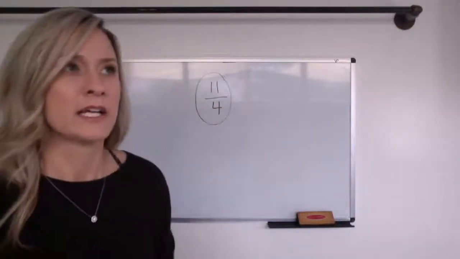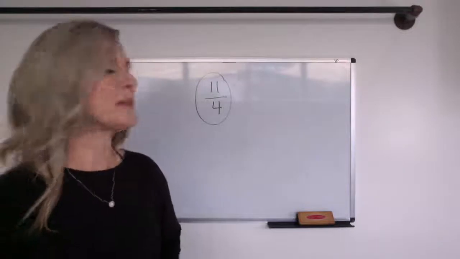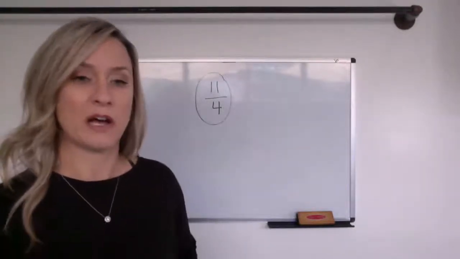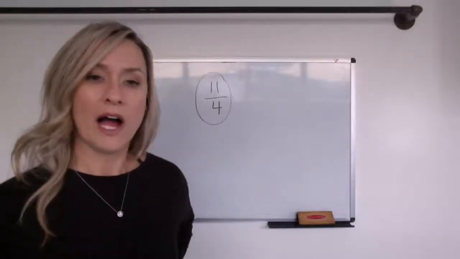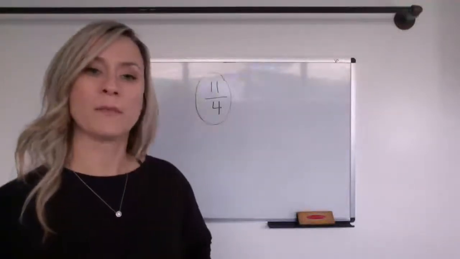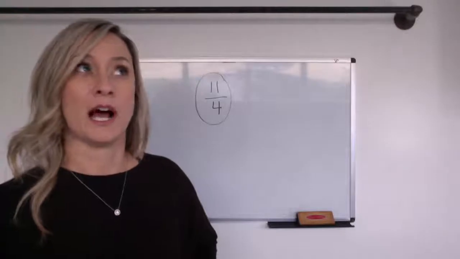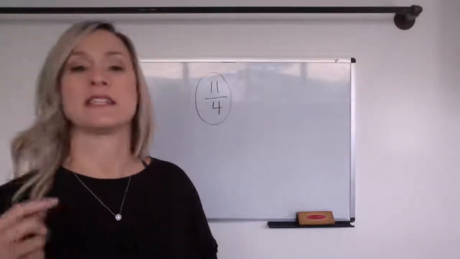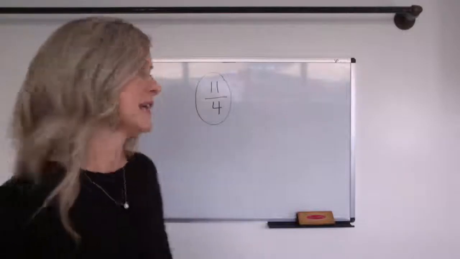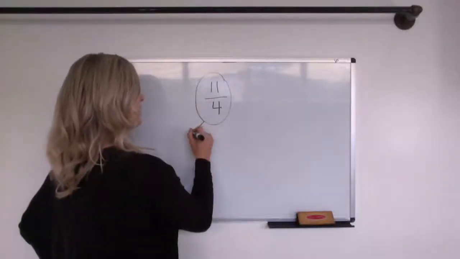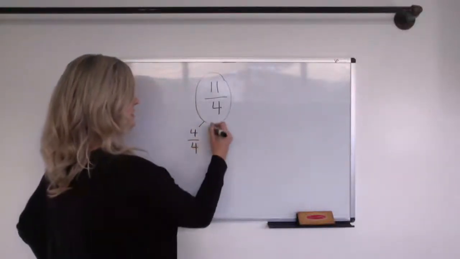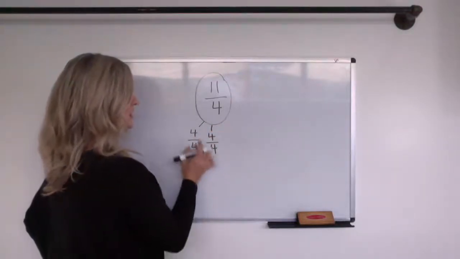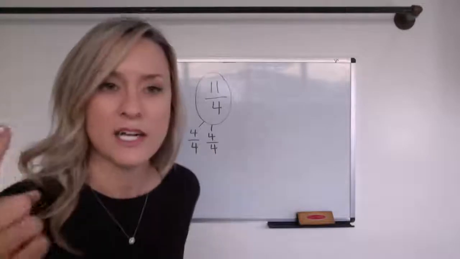Okay, now I need to figure out what the mixed number is. For me, what I like to do is pull out the whole pieces. So I know this is going to be more than 1 because it's more than 4/4. And I actually know it's going to be worth more than 2 because it's more than 8/4. So I've got 4/4 is 1. Another 4/4 makes 2. 4, 8, 9, 10, 11.